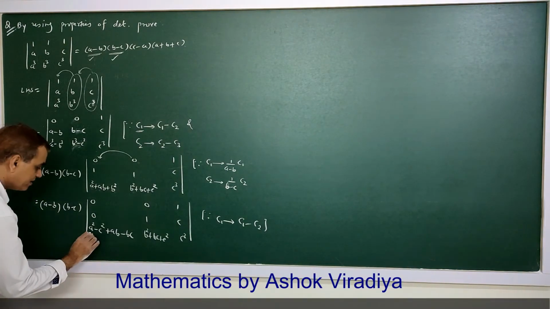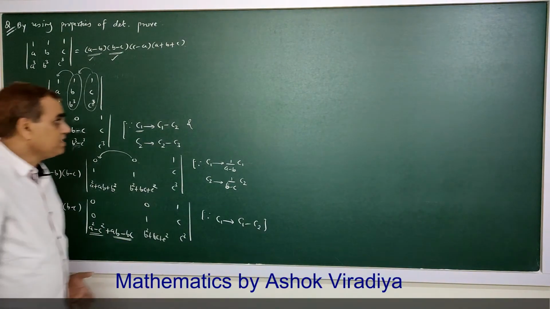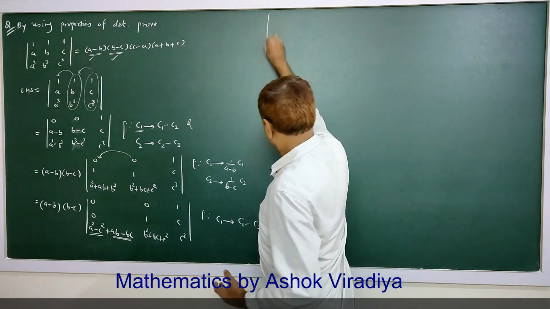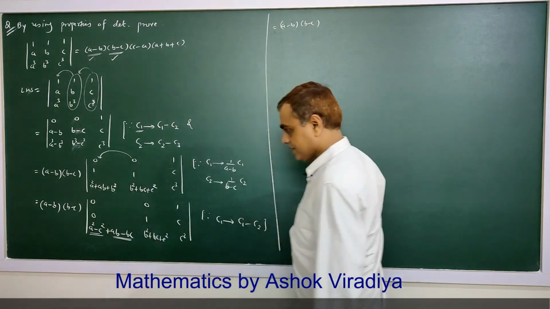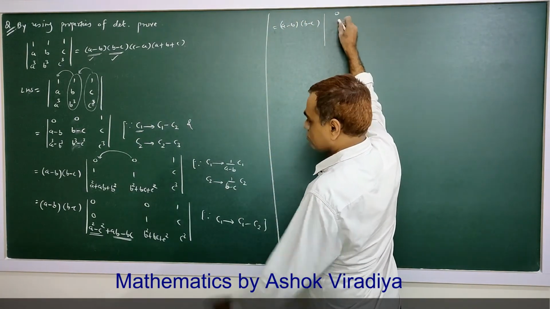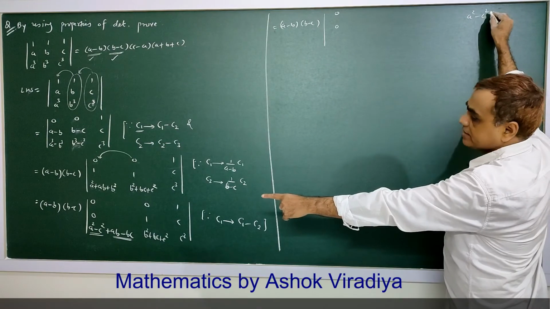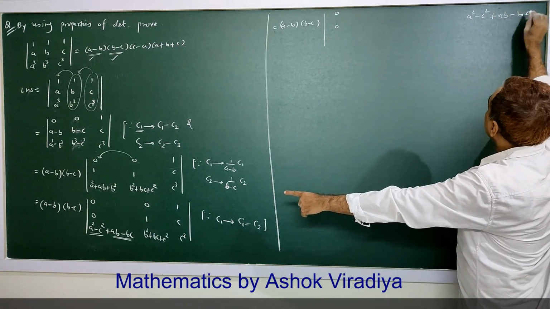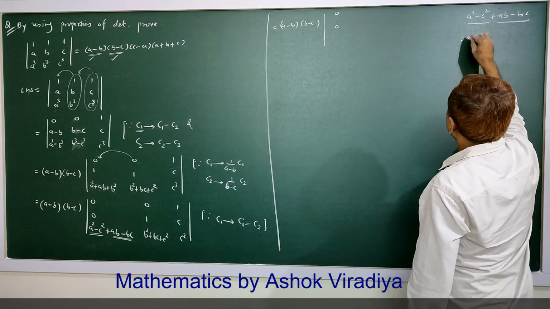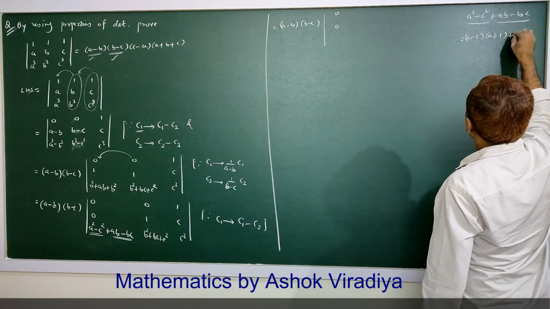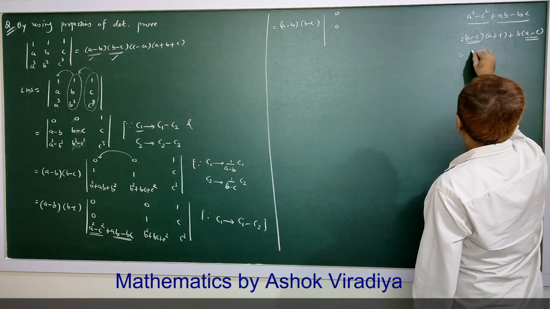So now see here we are taking common a minus b, b minus c. See here a minus b, b minus c, here 0, 0. Now here a square minus c square plus ab minus bc, from this polynomial here a minus c, a plus c plus b common, a minus c common.